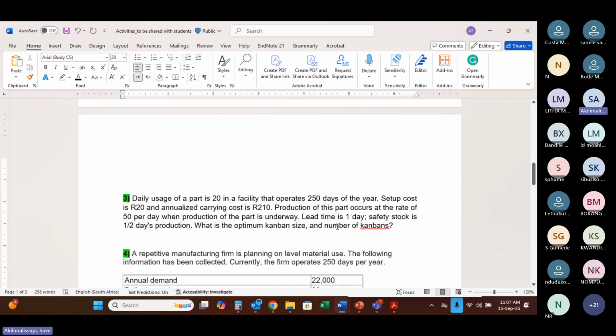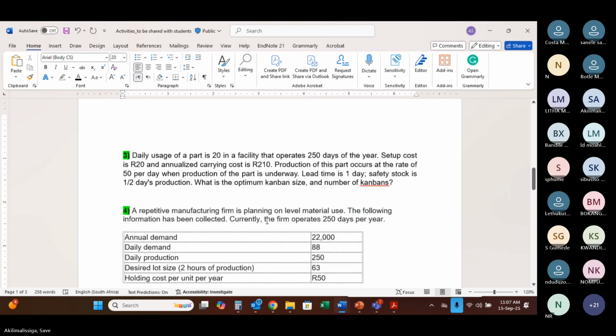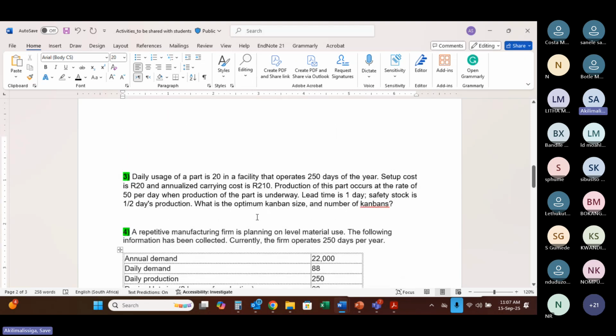Let me look into this question here. If there is a question asking us to calculate the setup time. Okay, I'm going to jump this question. You guys are going to do this on your own because it's still the same thing, calculating Kanban size and number of Kanbans.